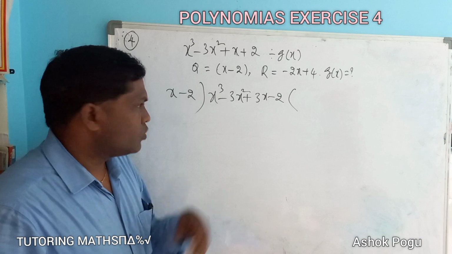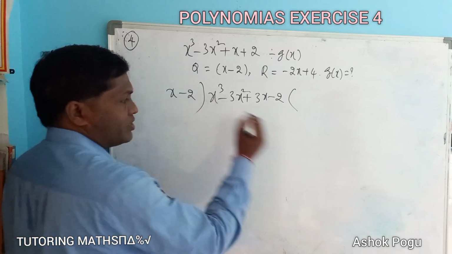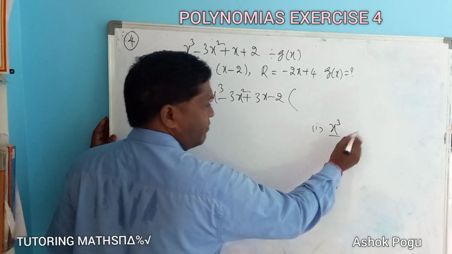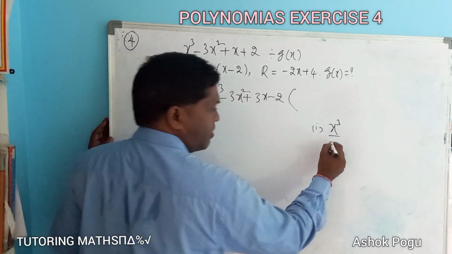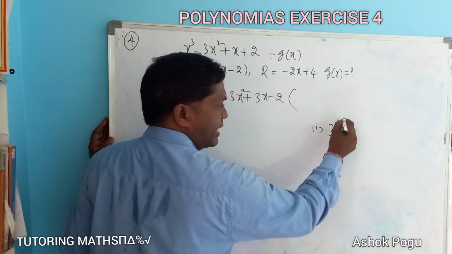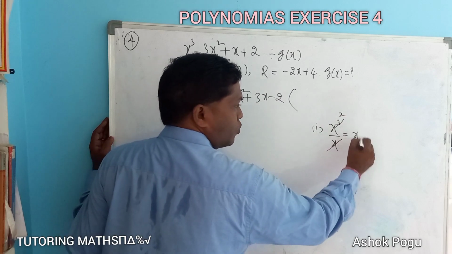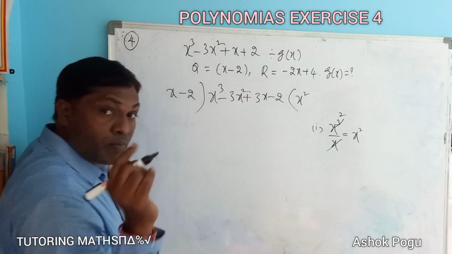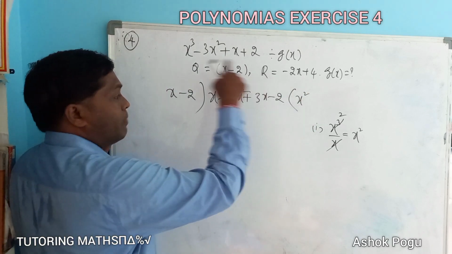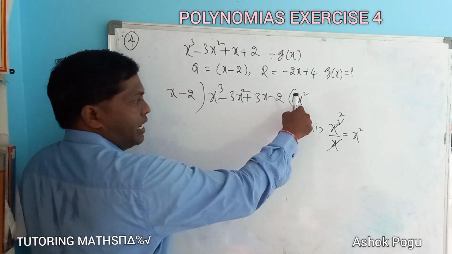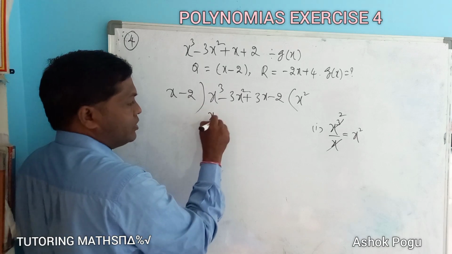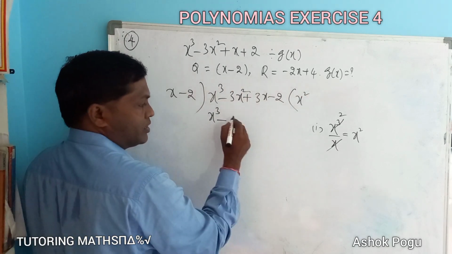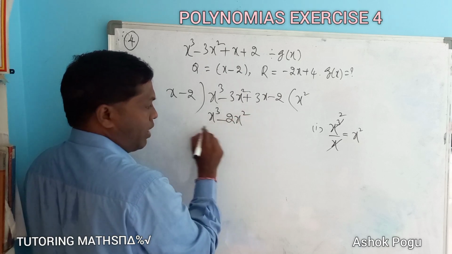As you know, follow the steps. First step: first term of the dividend by the first term of the divisor. 1x gets cancelled, x square is left, that is called the first term of the quotient. It should be multiplied by the whole expression. X square into x cube, and minus into plus, minus 2 into x square, that is 2x square.